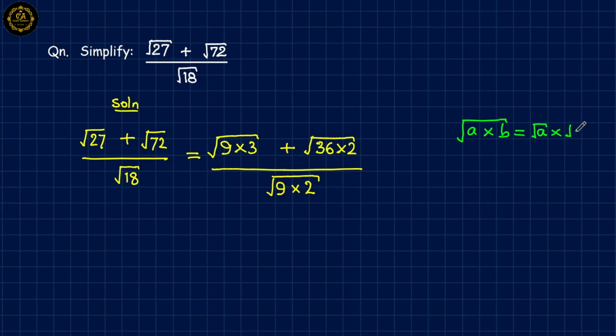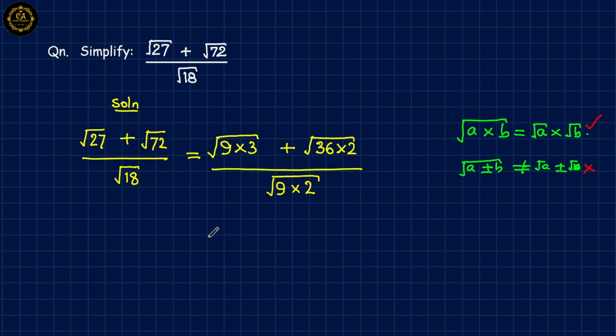Remember, as I've just mentioned, when you have something like root of A plus B, it is not equal to root A plus root B. Whether you have subtraction or addition, it is not equivalent. So this is not allowed, while this one is allowed.